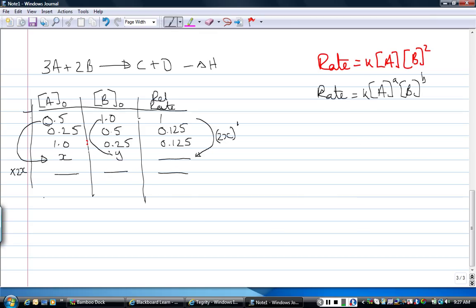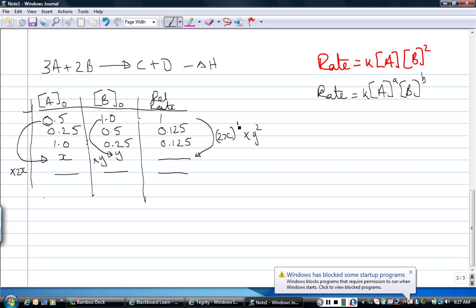And the answer is, I've multiplied 1 by Y. Therefore, the reaction rate should change by a factor of Y to the power of 2. So the number that goes here is 2x times y squared, which is simply 2xy squared.